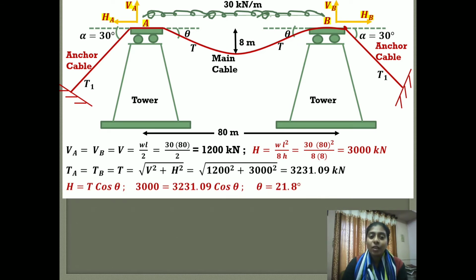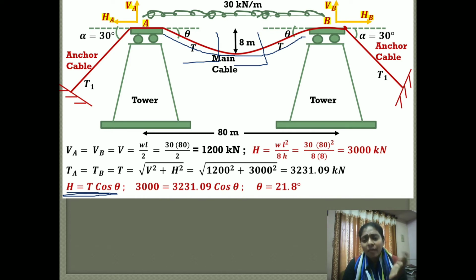Now we will see the angle theta. So we know H is equal to T cos theta. Already we have seen this while solving the problems when the cables are subjected to UDL. Anywhere in the cable, you resolve the tension in the cable horizontally and vertically, the horizontal thrust is the same.